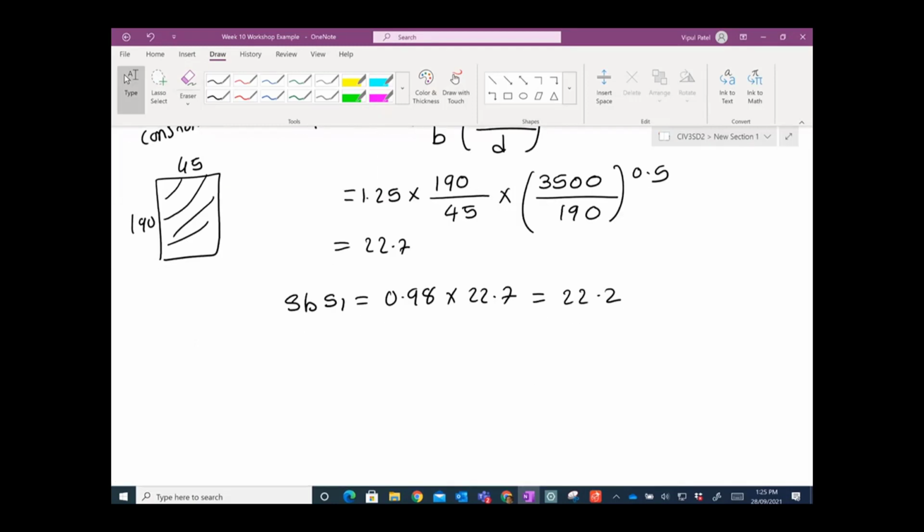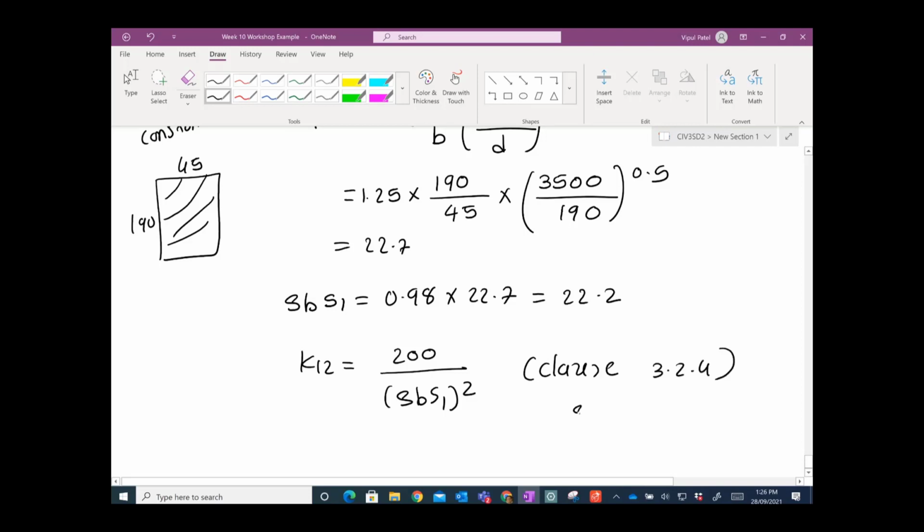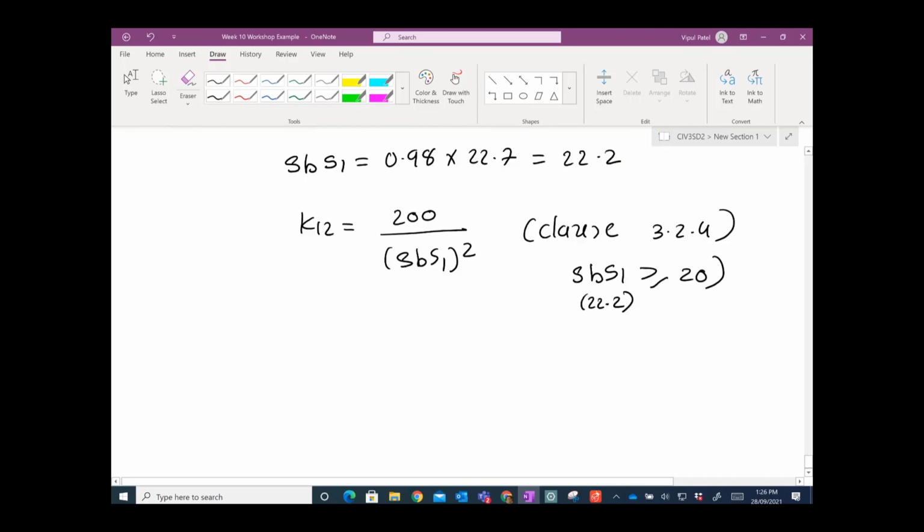So K12 equals 200 over (rho B S1) squared, and that is coming from clause 3.2.4, because rho B S1 is greater than or equal to 20, and our rho B S1 is 22.2. So 200 over 22.2 squared, you get 0.41.